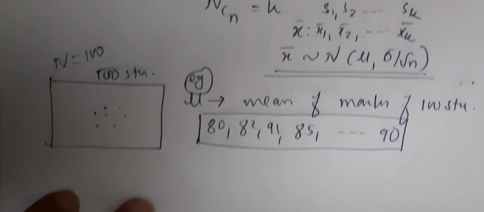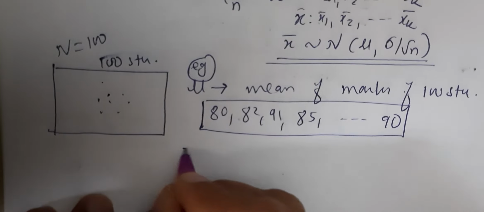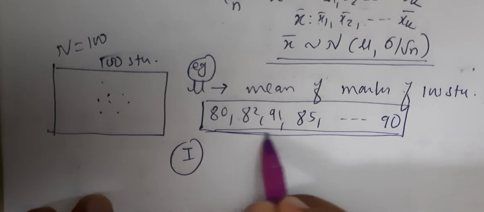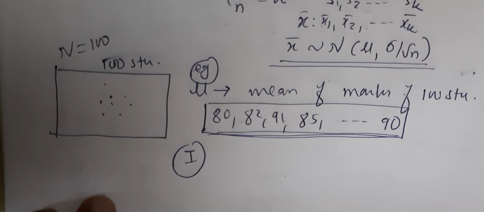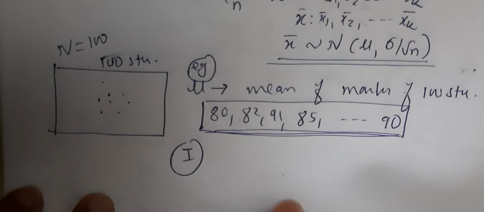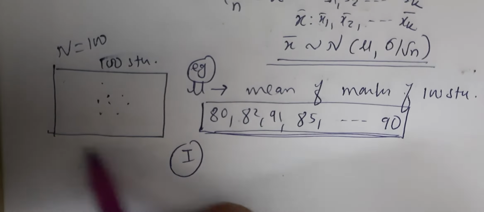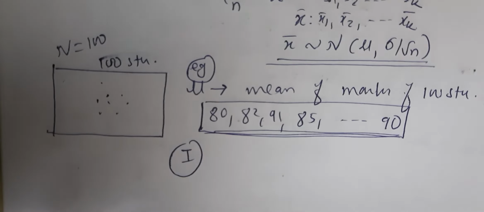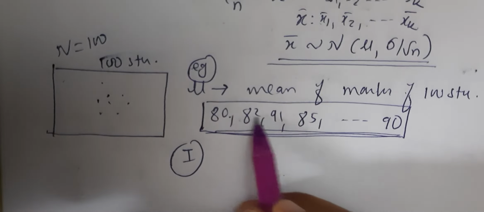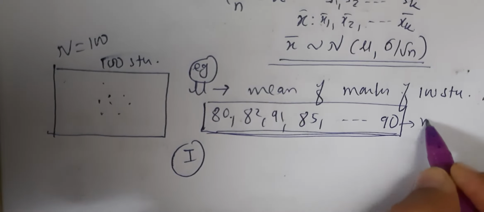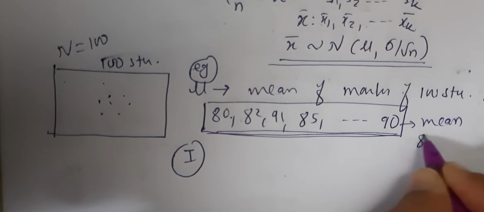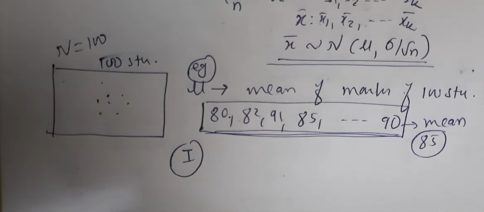Now, the first type is that from the marks of these 10 students, we can find the mean marks of the entire class. I am repeating what I said. We have marks of these 10 students. We can always find the mean of this sample. Say the mean of this sample is 85, just as an example.